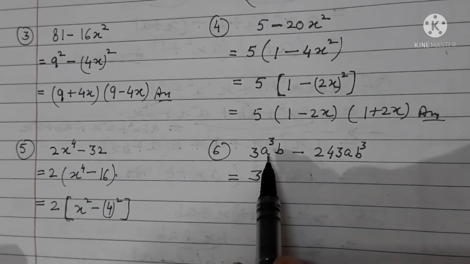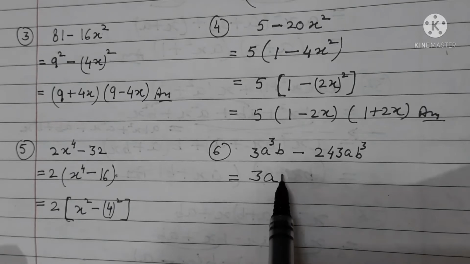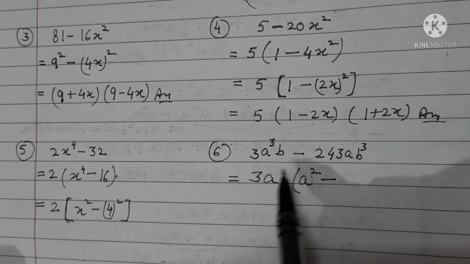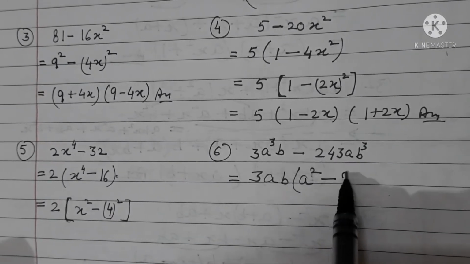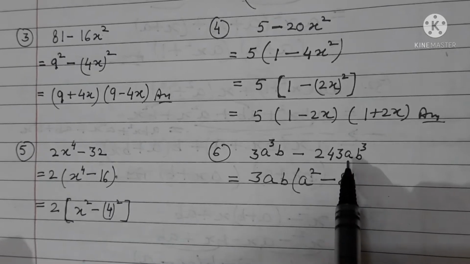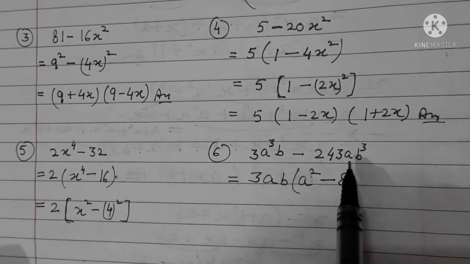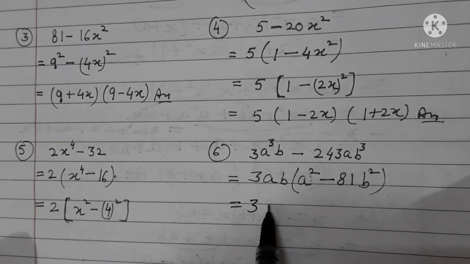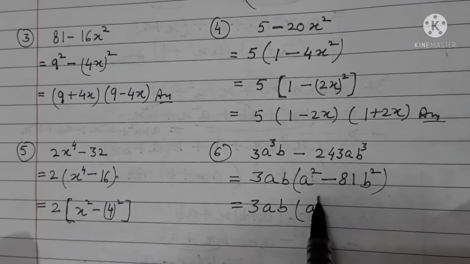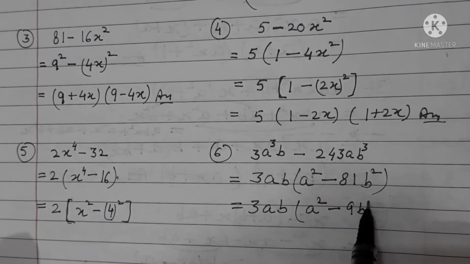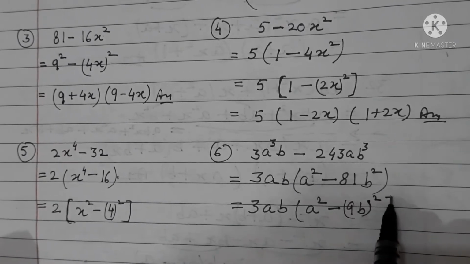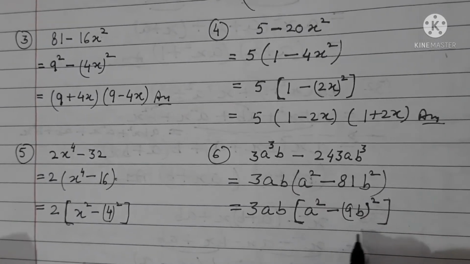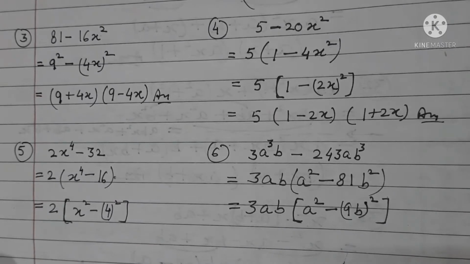Now a square in the bracket minus 243, when you take out 3 as common, 3 eights are 24, 3 ones are 3, and a has been taken common and b common, so here b square remains. Now you can write this as 3ab into (a square minus 9b square). Using the identity, a square minus b square is equal to a plus b and a minus b. Then solve it and match the answer.